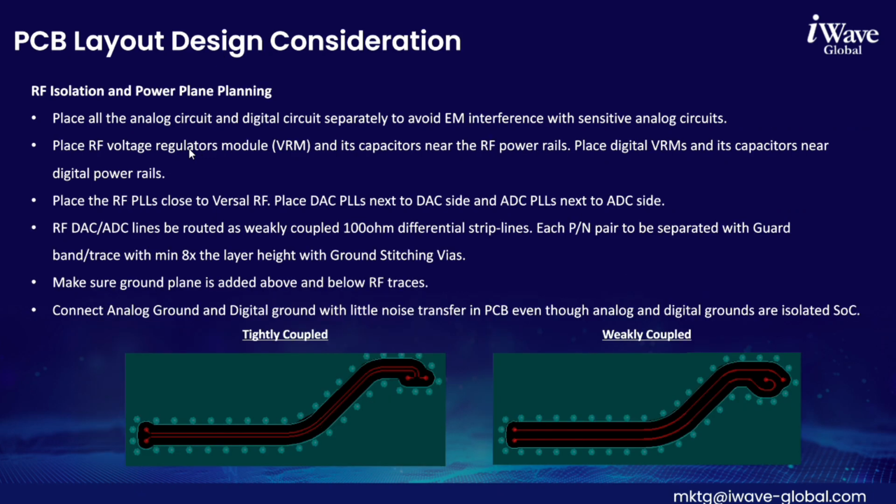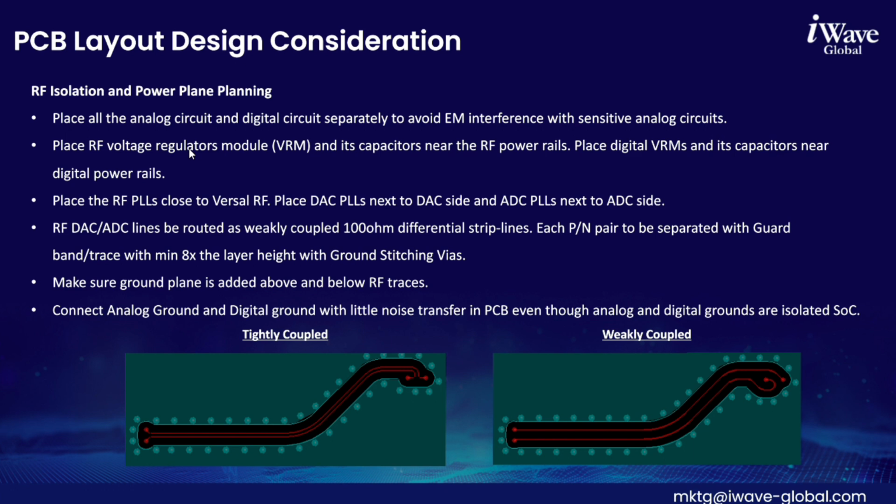So once the pre-layout preparation and everything is done, then we go to the layout. Leaving the digital part apart, the key thing we have to take care of in the layout is placing the analog and digital circuits completely separately, so that there won't be any EM interference from the digital circuit to the analog circuits.